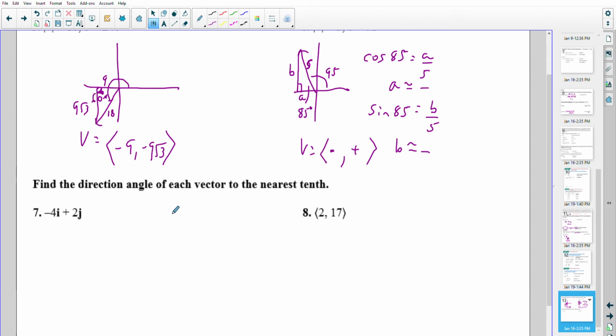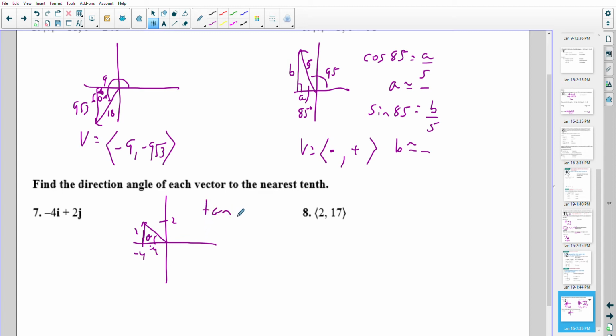To find that out, you again want to definitely graph it. So my change in x is negative 4, change in y is 2, and therefore that's going to look like this. Now, if you know that you have 2 and a negative 4 here, what you can do is find out what that angle is by using tangent, because you have an opposite and adjacent.